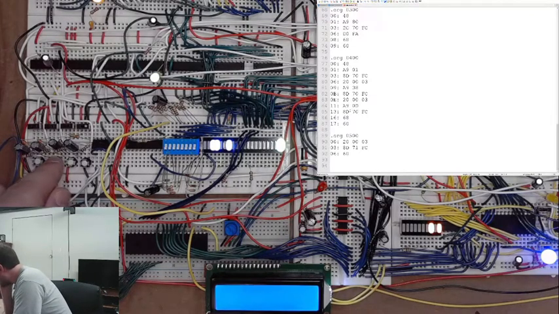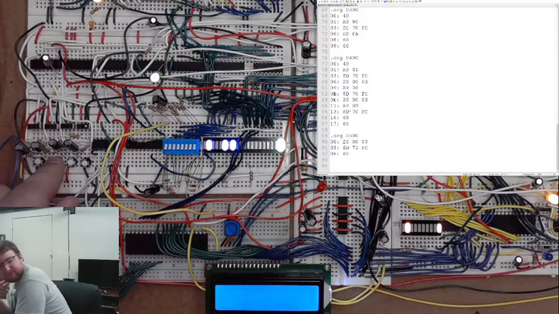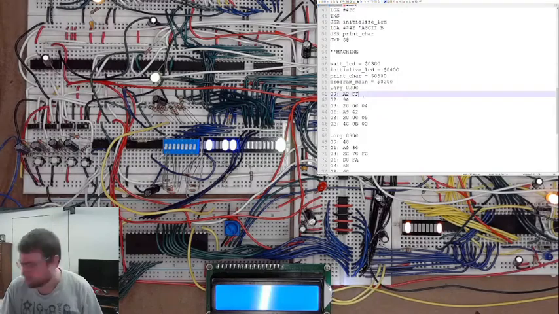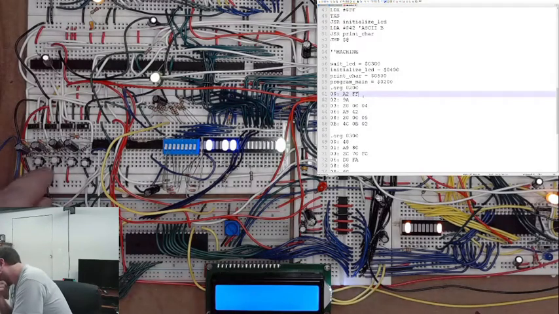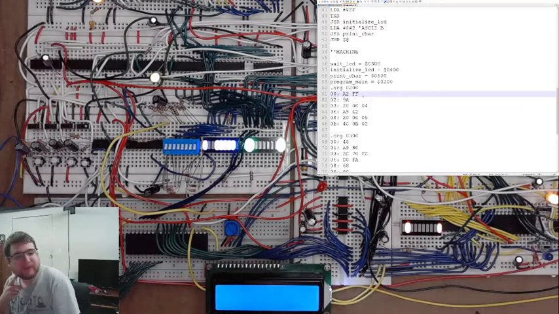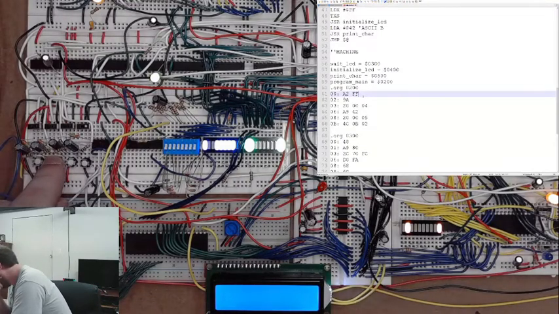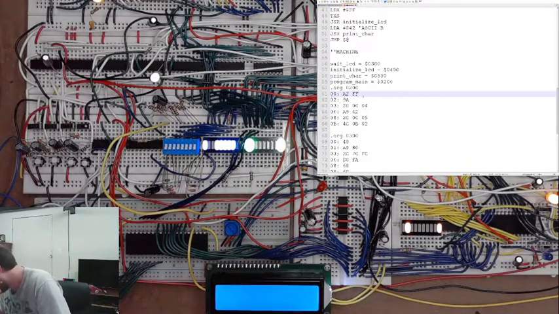Okay, this is the instruction to jump. This is the instruction to do something. Let's see here. We are at 2, 0. So should be A2. Okay. Now it should be 9A. That is not 9A.